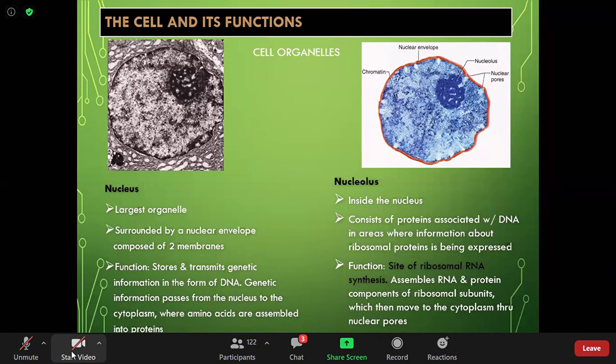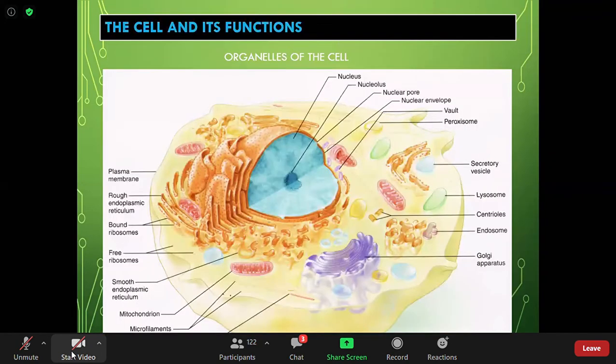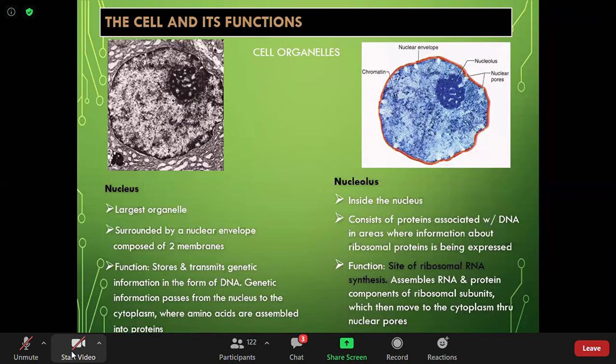So the nucleus is the largest organelle. And the nucleus, nucleolus, it is also surrounded by a nuclear envelope. Its function is to transmit genetic information in the form of DNA. So the genetic information passes from the nucleus to the cytoplasm, where amino acids are assembled into proteins.